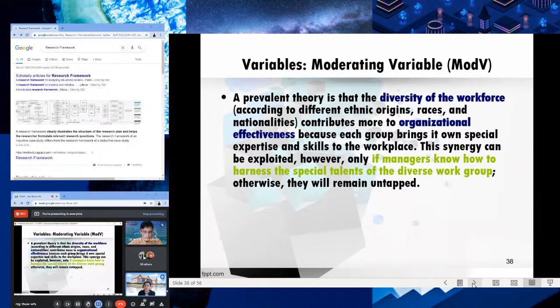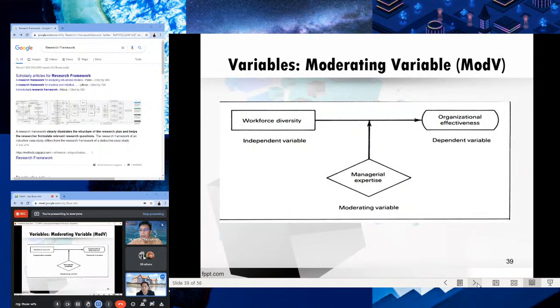This is not the main core variable, but a variable that can also influence the direction or the result when you do the analysis. That is the concept that students need to understand.